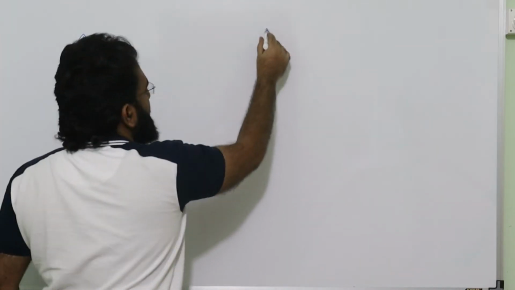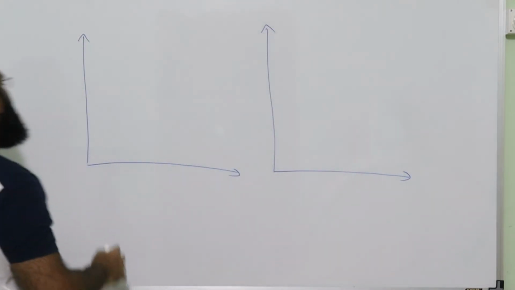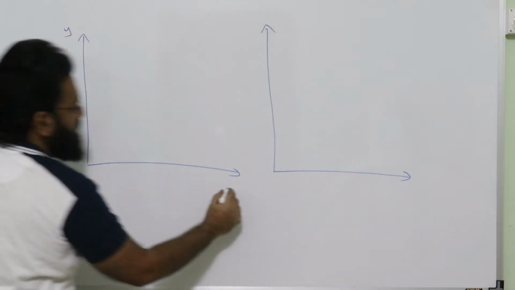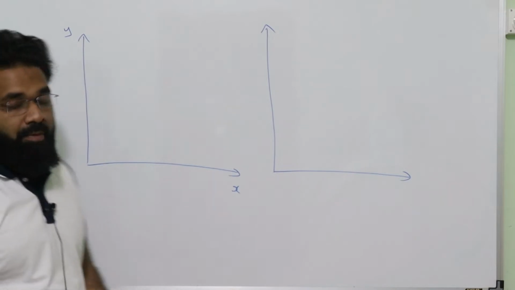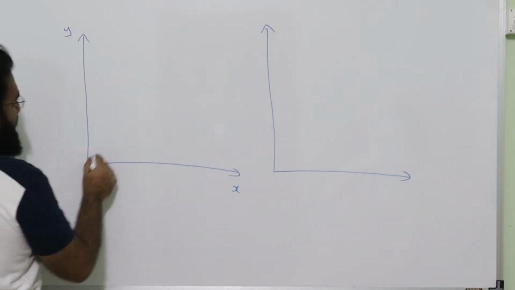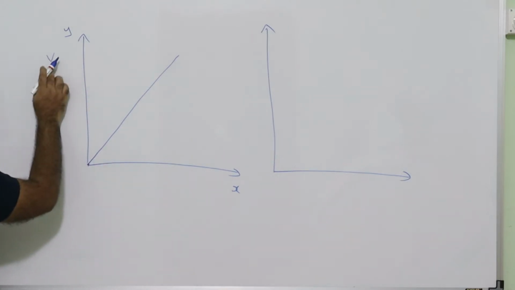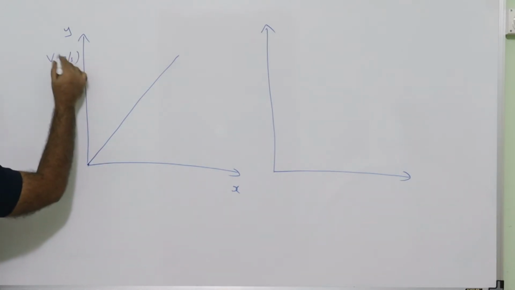This is one graph, this is another graph. This is the y-axis, this is the x-axis. So we did y2 minus y1 by x2 minus x1. Suppose the y-axis represents velocity, v in meter per second.